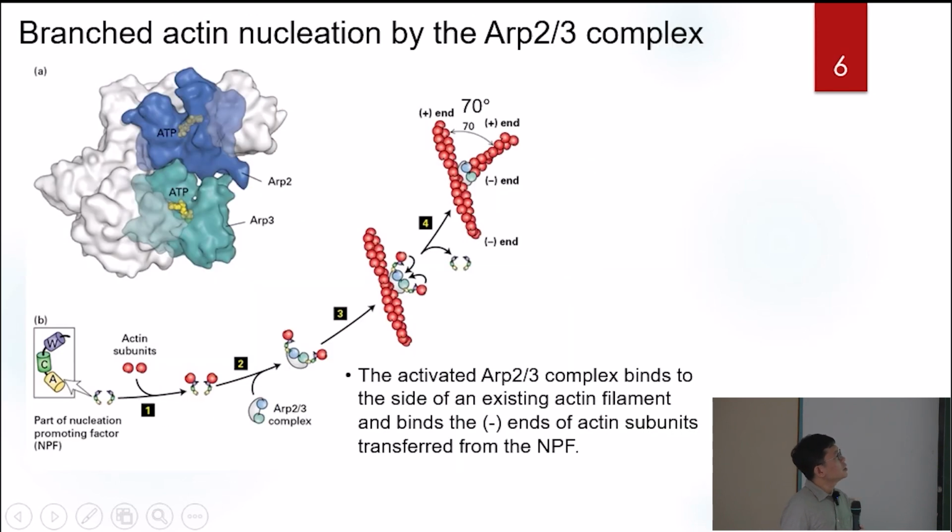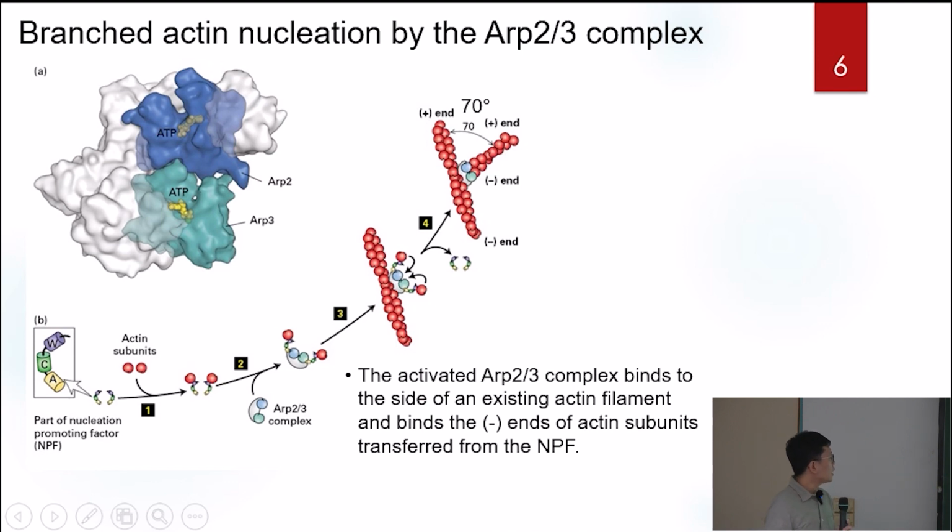In addition, actin is not always straight. It can form branches and become like a meshwork. To do this, it requires another nucleating protein called the Arp2/3 complex. It also requires the nucleation promoting factor, NPF.